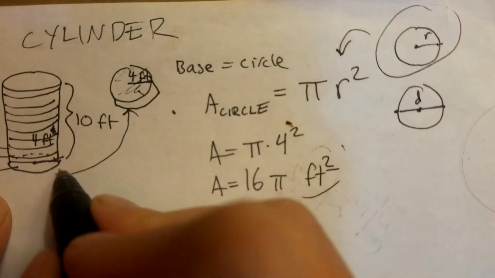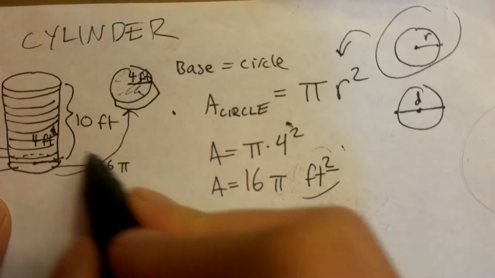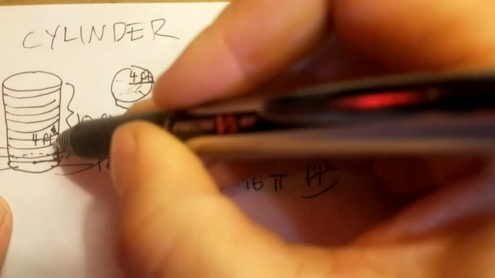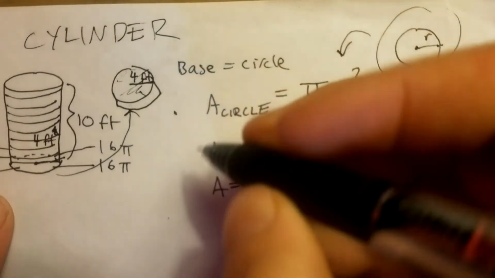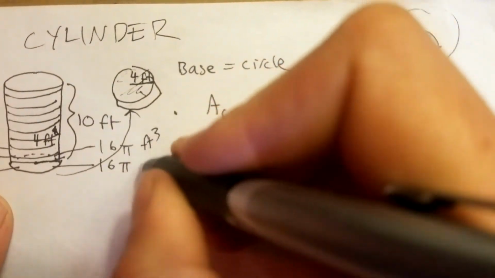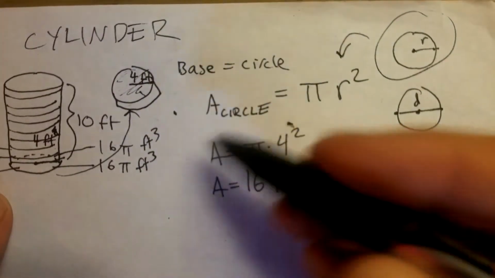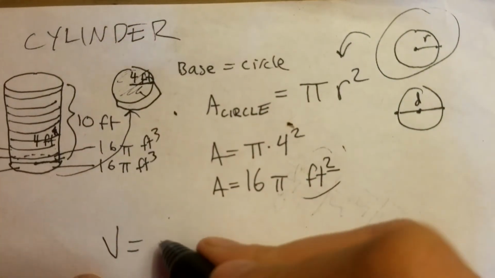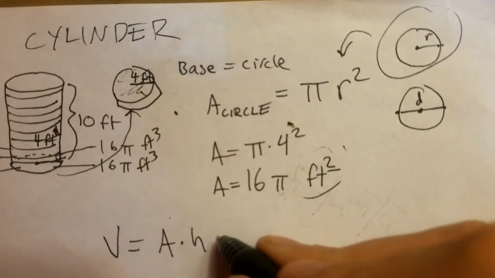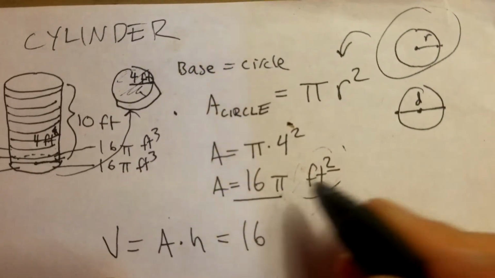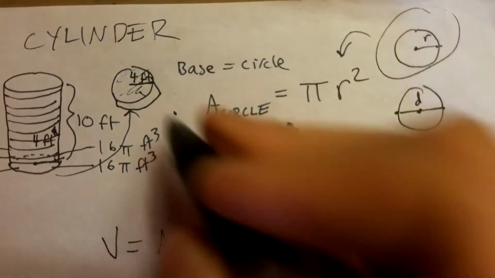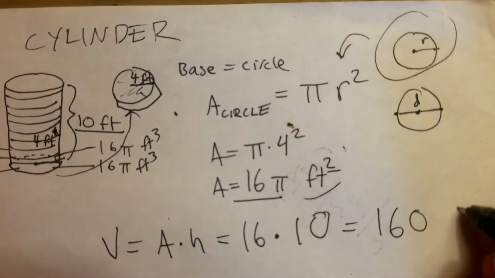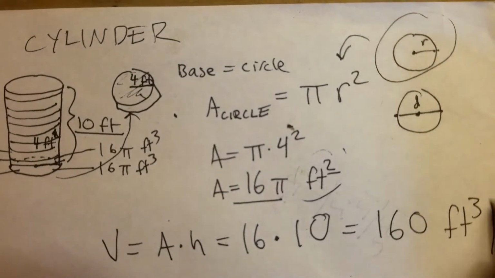Basically, each of these discs is going to have a volume of 16 pi feet cubed. So that's 10 times, so that's 16 pi times 10. Using our formula, area times height, it's just going to be 16 pi multiplied by 10, which is the height of this, so 160 pi feet cubed.